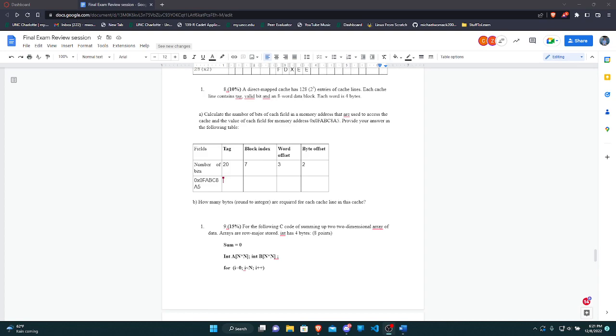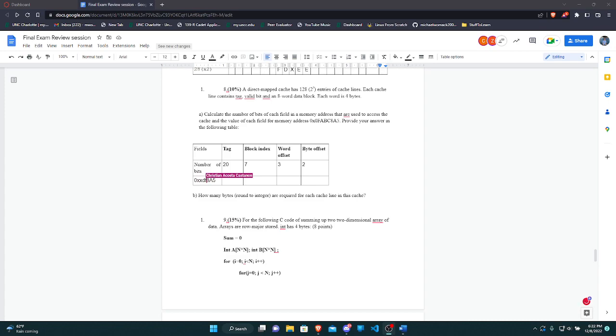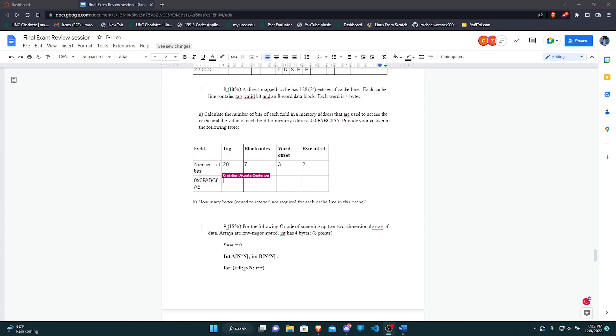And so then we'll allocate specific bits for the hexadecimal. We know that each hexadecimal digit is 4 bits, right? So the first 20 bits are going to be 0x and then this.